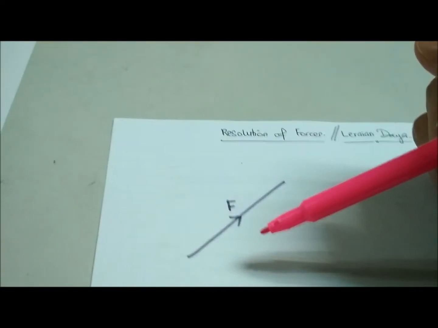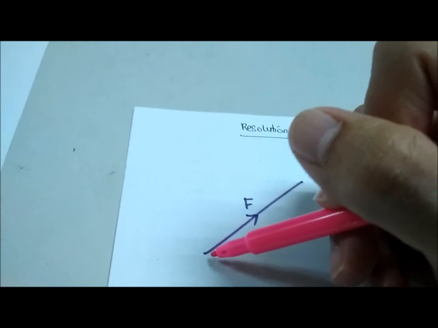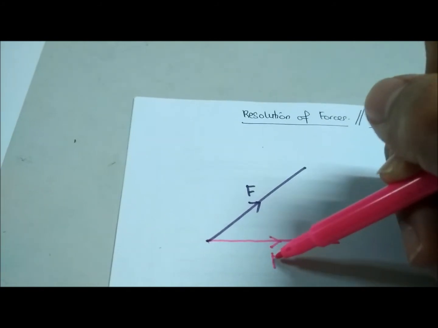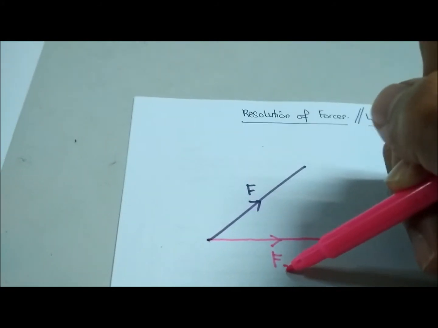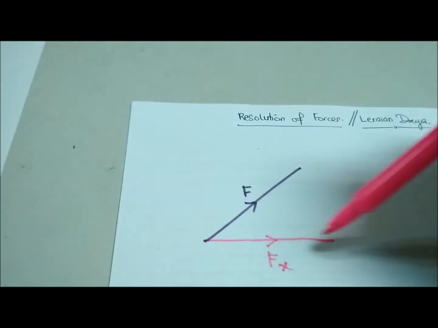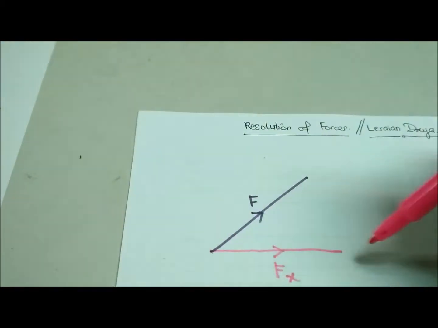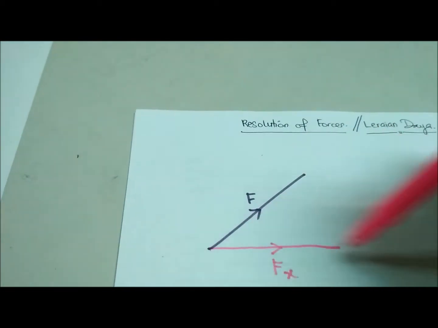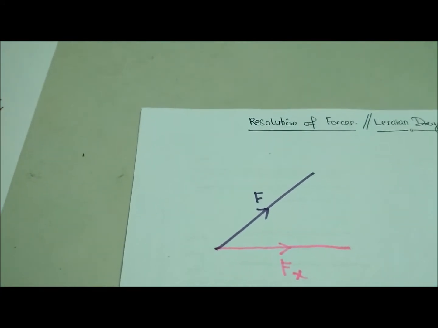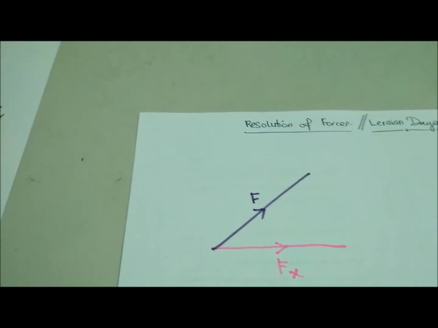If we want to resolve this force into those two components, the X component is this way. This is force F, component X. It is known as force component X because it's acting in the horizontal manner, which is melintang. That one is Fx. How about Fy? Fy goes straight, upright.